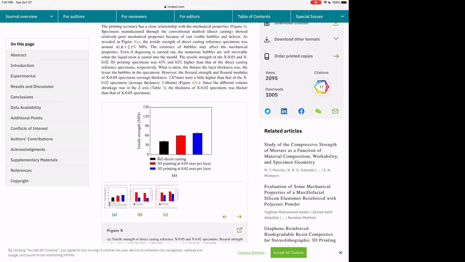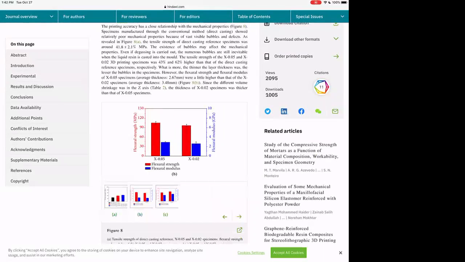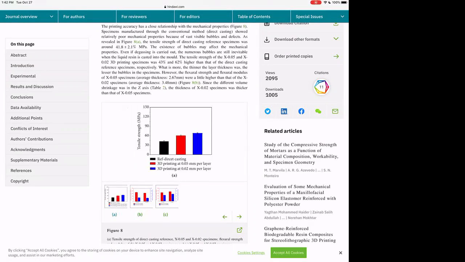You see that the 3D printing resins have higher tensile strength, and they have reasonable flexural strength and flexural modulus. This is showing the advantage of adding any type of reinforcement.